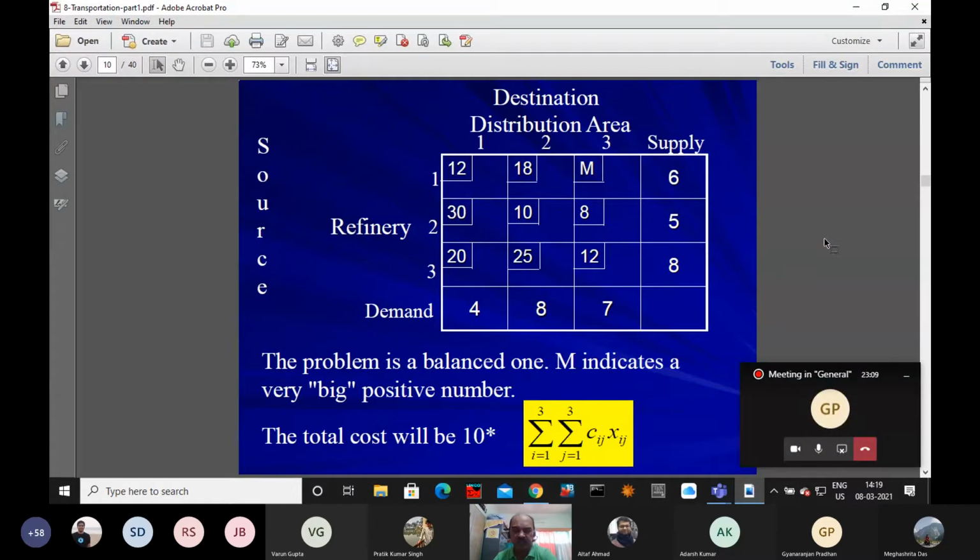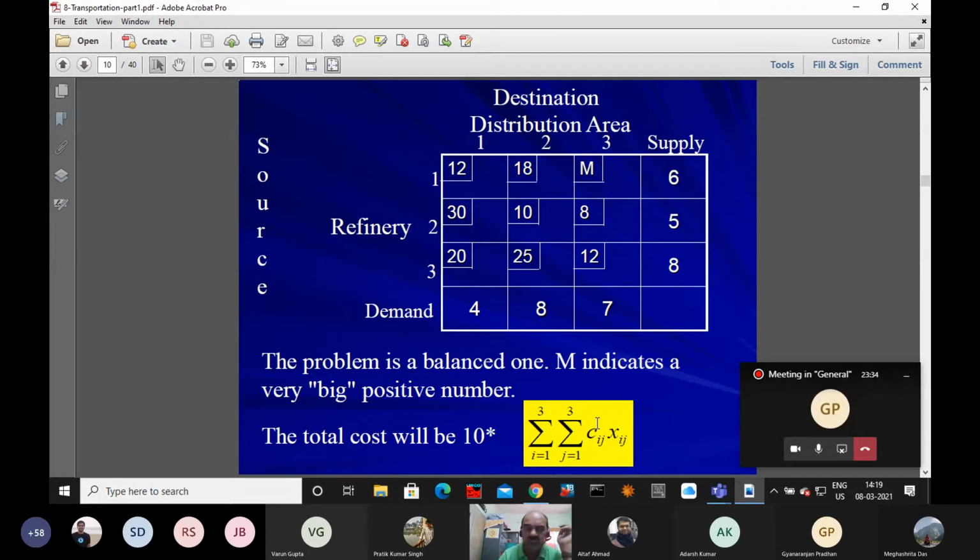The model is summation over i varies from 1 to 3, j varies from 1 to 3, because there are 3 sources and 3 destinations, Cij times Xij. The Cij are given. They are the constants 12, 18 and M, 30, 10 and 8, 20, 25 and 12. This we like to minimize subject to certain constraints.